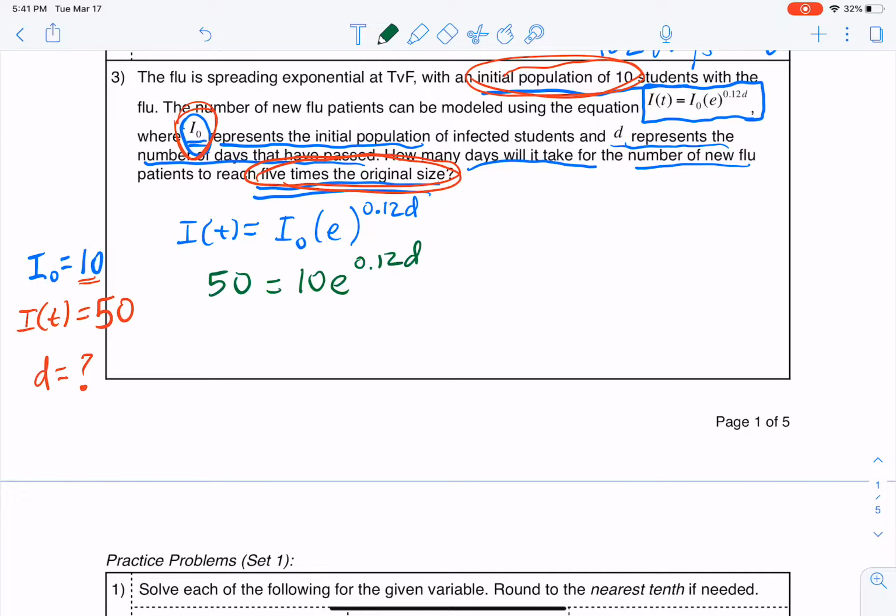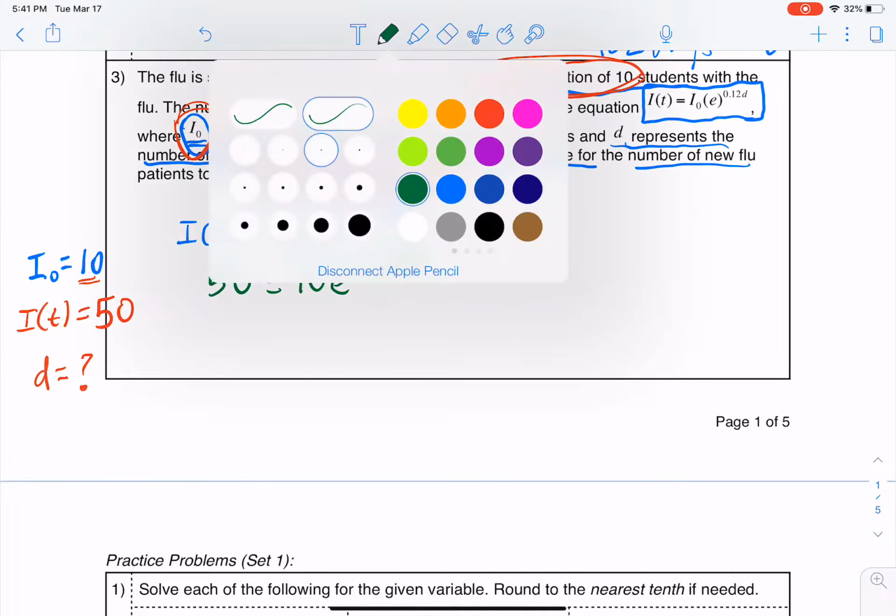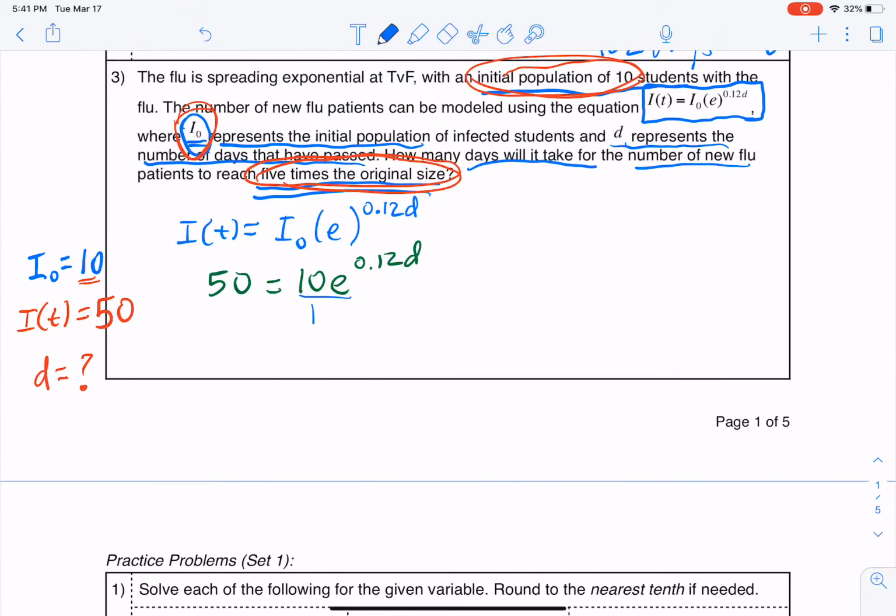Okay, and we're going to approach this problem just like we approached the last one. So the first thing I'm going to do is divide both sides by 10. That cancels out the 10 on the right side. On the left side, I'm left with 5 equals e to the power of 0.12 d.